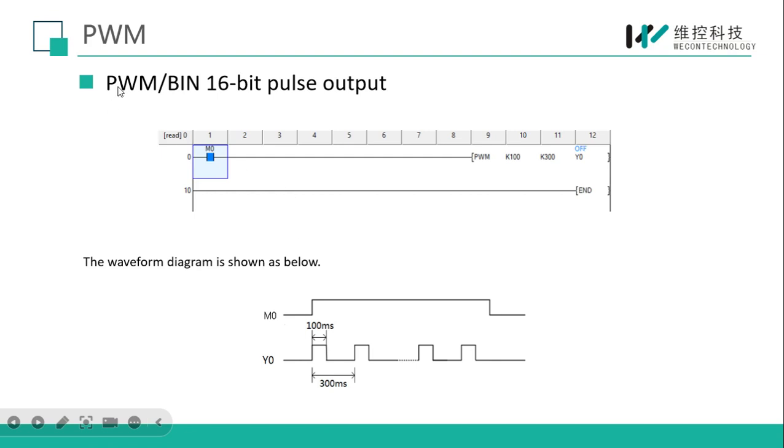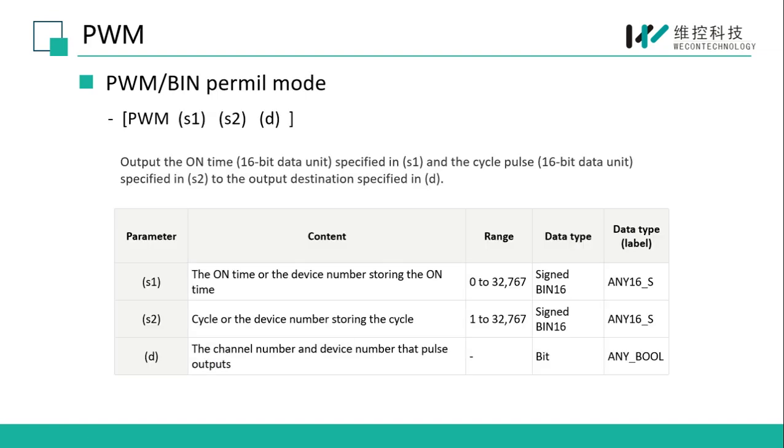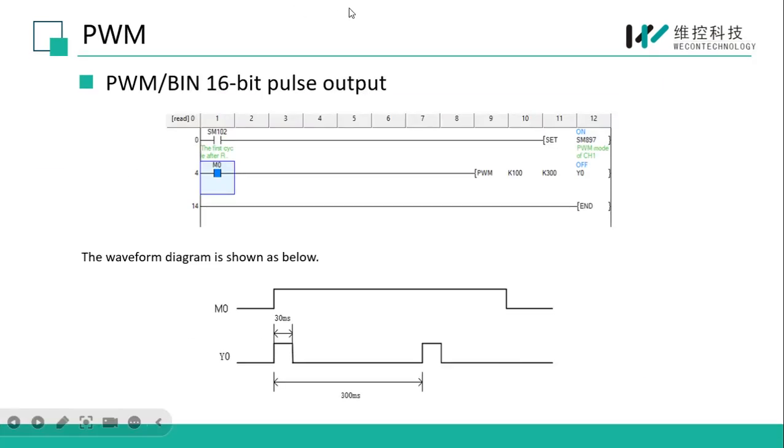But PWM also has a percentage mode. Actually, the parameters are the same, but it has a special register.